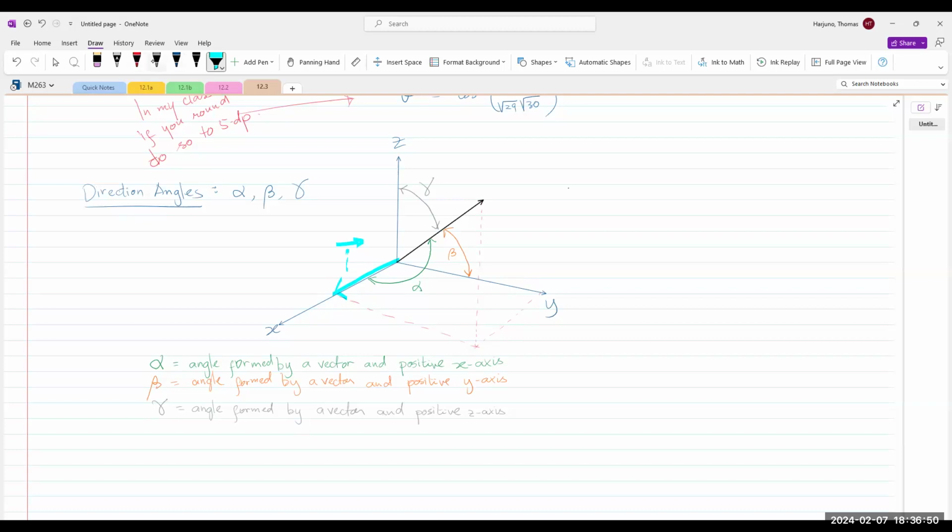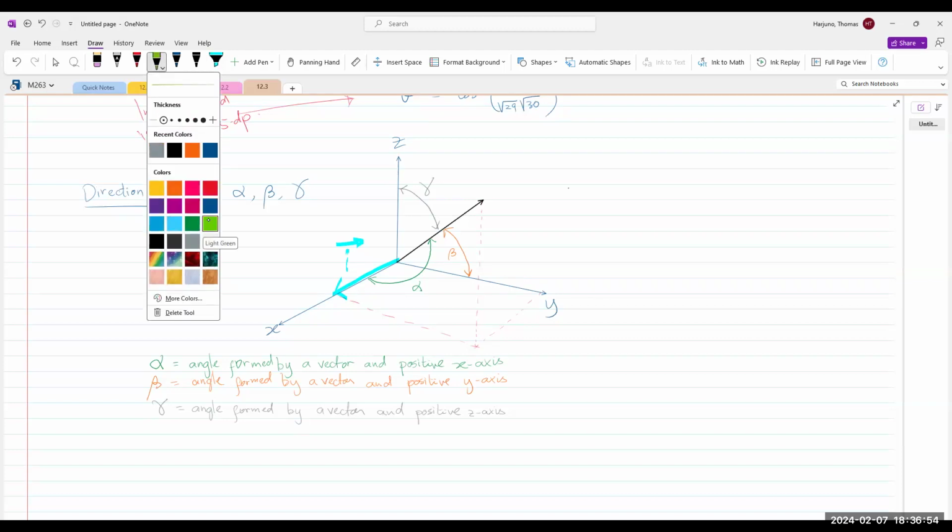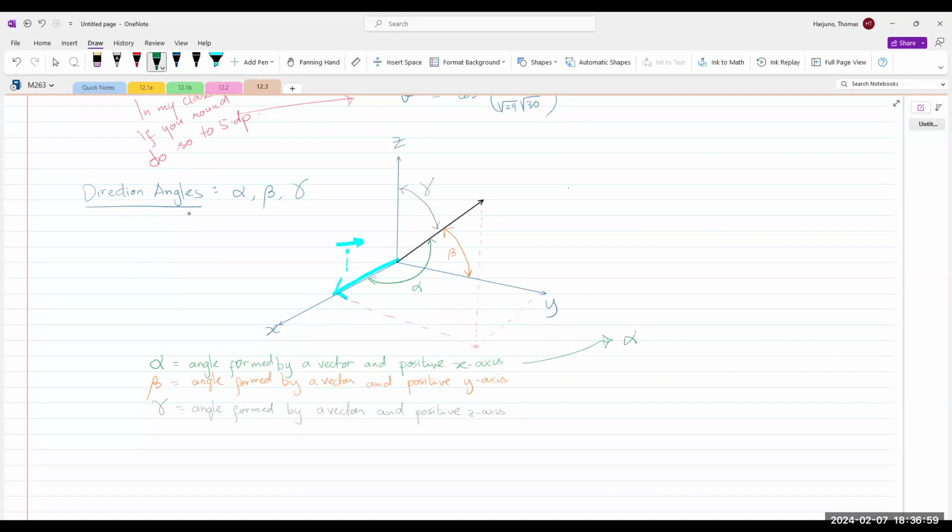So if we describe that further, angle alpha is the angle between factor v and factor i, right?